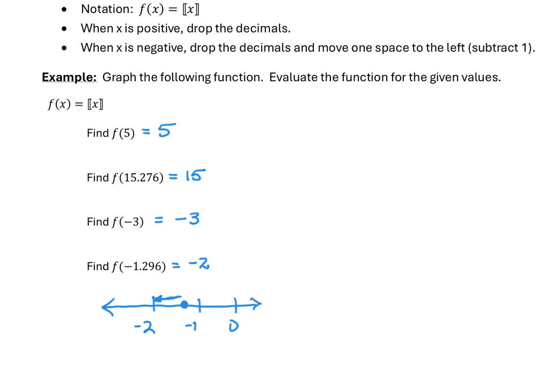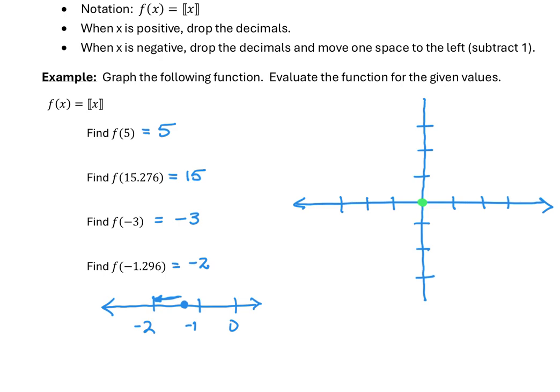All right, so now let's look at what the graph looks like for something like this. I'm going to go ahead and put my tick marks here. Let's start with 0. 0 is an integer, and so it's going to have a closed circle.